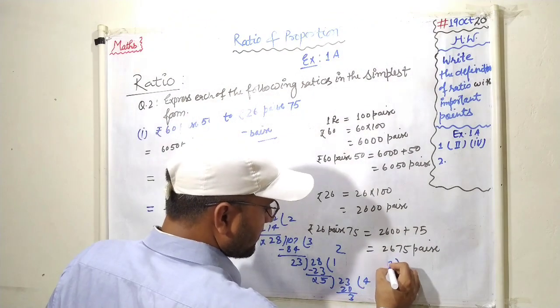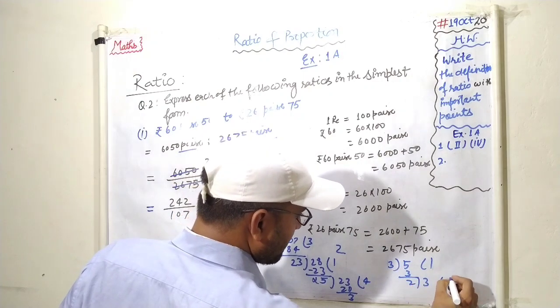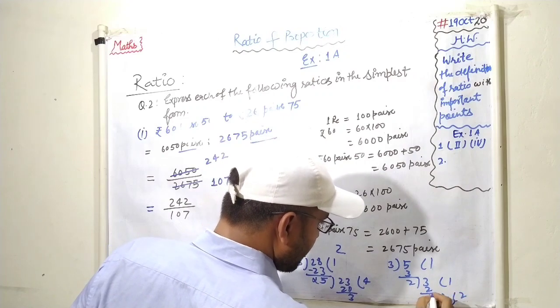See this one, by 3 you will divide this, 5, 3, 2, 3, 1, 2, 1, 2.